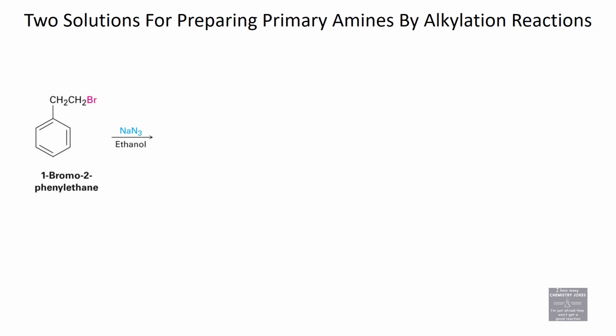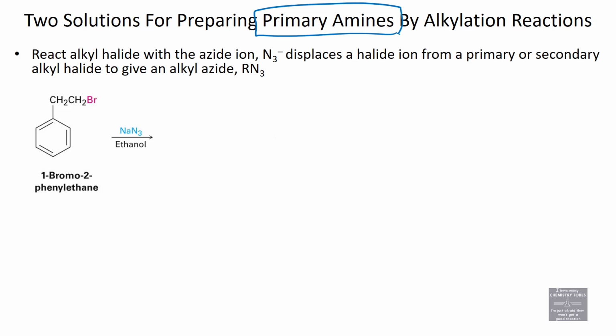Here is one way that you can synthesize a primary amine. React an alkyl halide with an azide ion, that's an N3 minus. What that does is an SN2. Here's a primary alkyl halide. Primary alkyl halide says SN2.